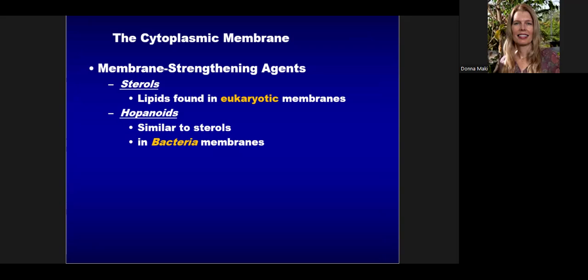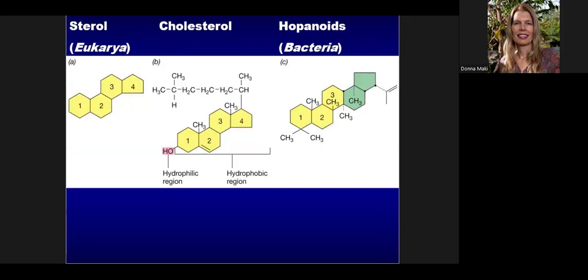And so if you look at a comparison structure here of the chemical, on the left is a sterol, a basic unit of a sterol in cells like us. And then cholesterol specifically, because most of us have heard that one quite a bit. So you see the cholesterol structure, and then the hopanoid structure that they find in bacteria.